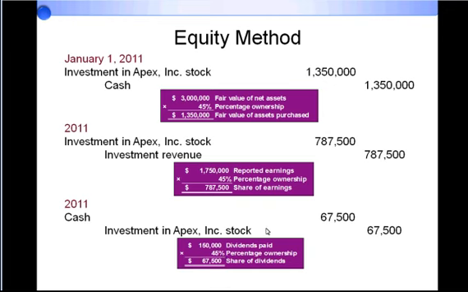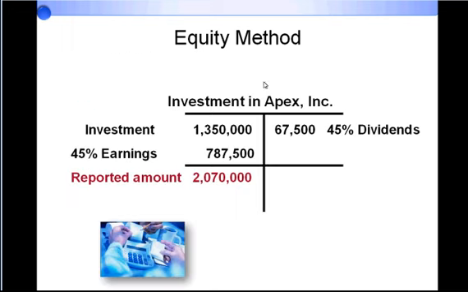So we debit cash because we received it. We credit the investment because that reduces the remaining value of our investment. It's just like we've withdrawn from our investment because that's exactly what we've done. And here's what the account looks like. So the answer to that question would be $2.07 million. That's what our balance would be at the end of the year.